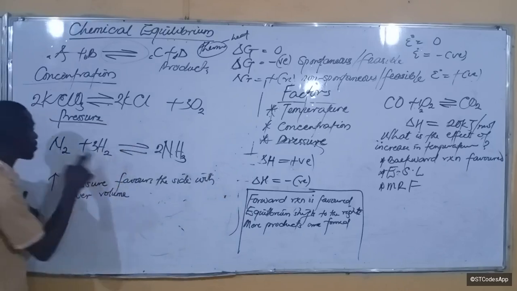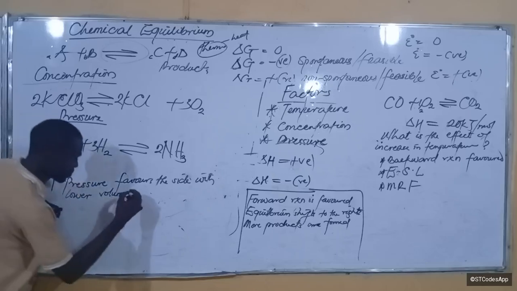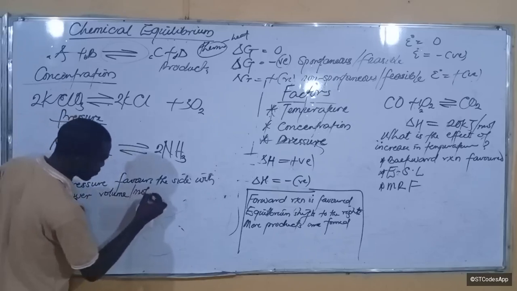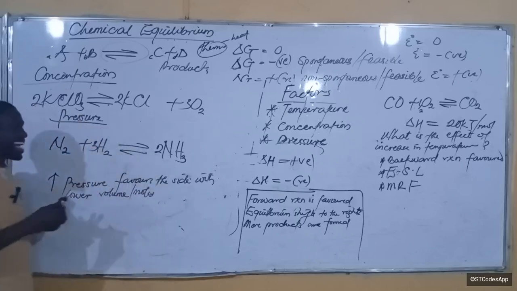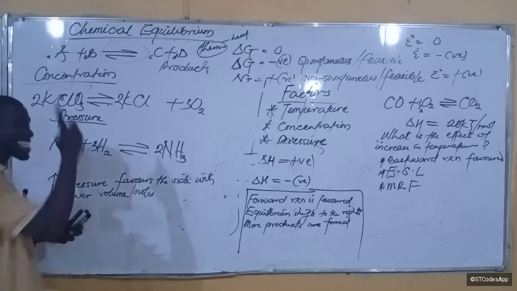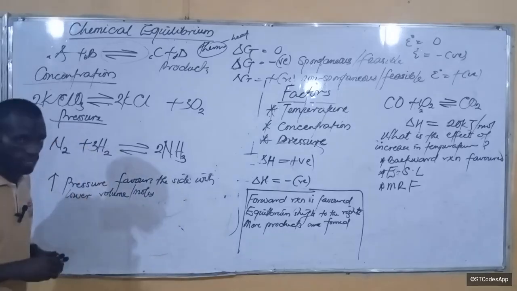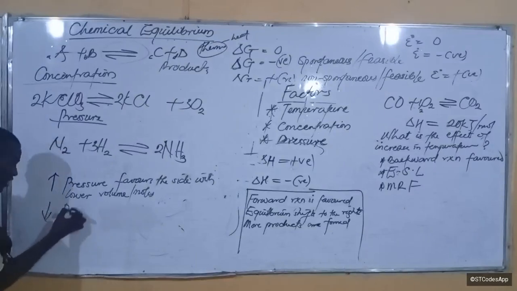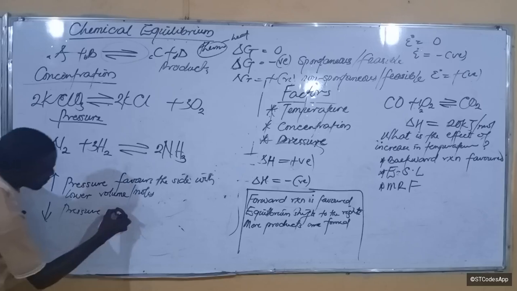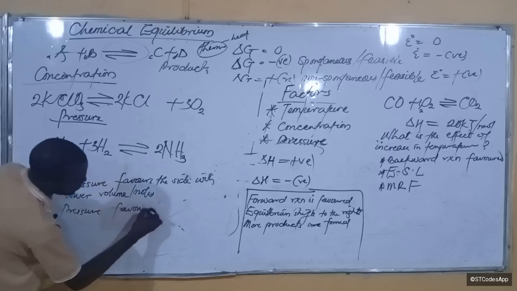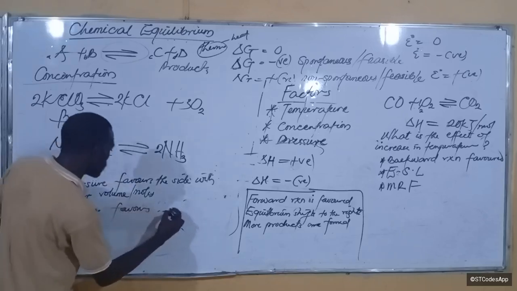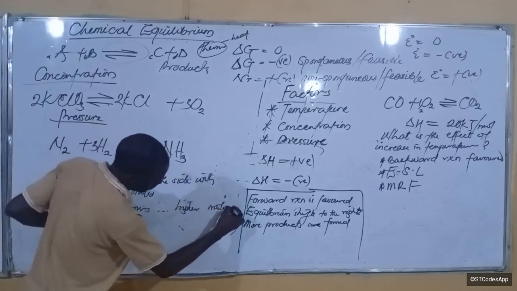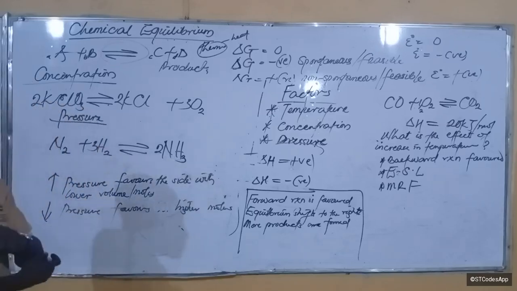You know, the moles also dictate the volume. So it's the side that has fewer moles that an increase in pressure favors. But it means therefore that a decrease in pressure will favor the side with higher number of moles. Is it clear?